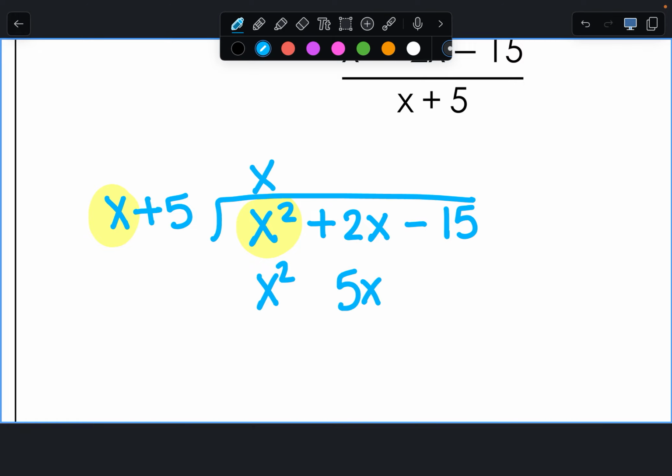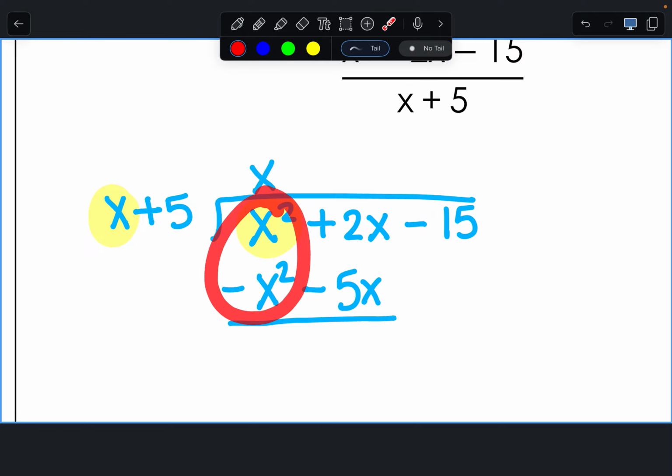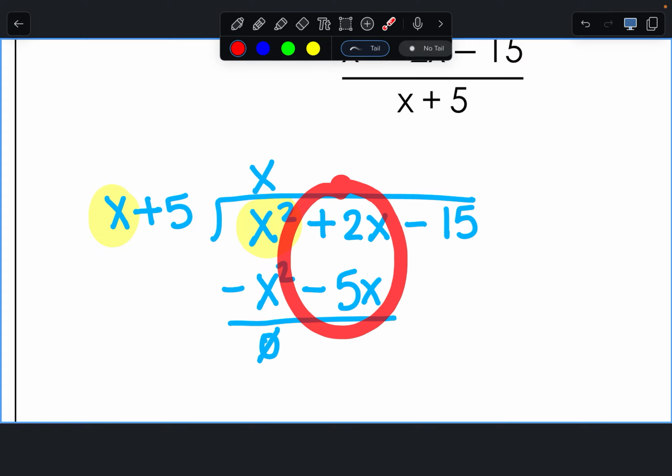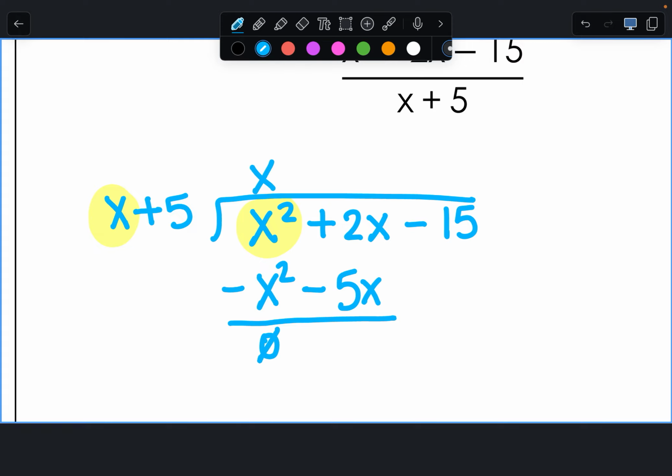Okay? Now change the sign. If it's a positive x squared, negative x squared. Positive 5x, negative. Now x squared minus x squared is zero, it cancels out. But 2 minus 5x gives you negative 3x. Okay?